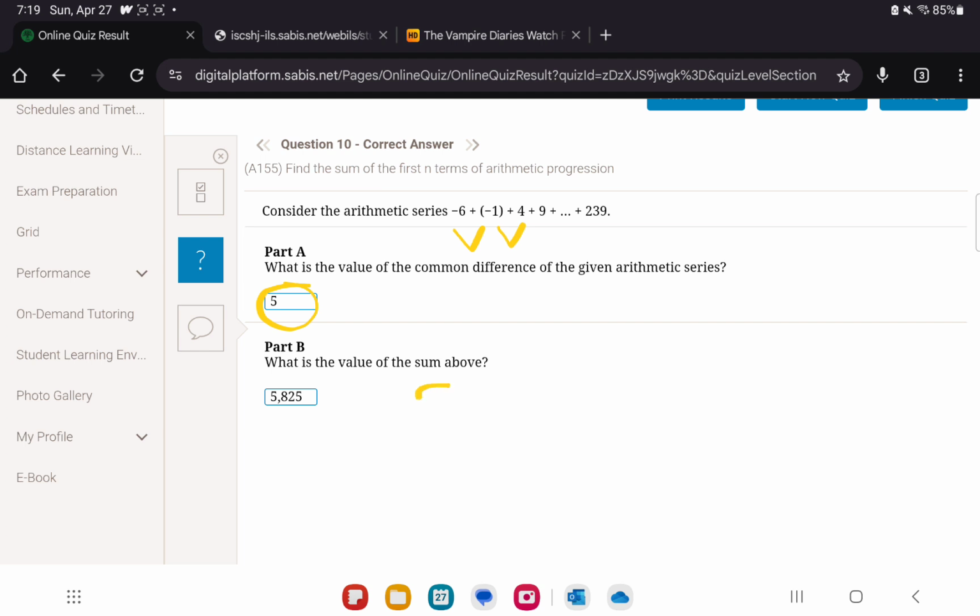So we want to find the 50th term. Sorry, I went too far. So a1, to find what number this is.